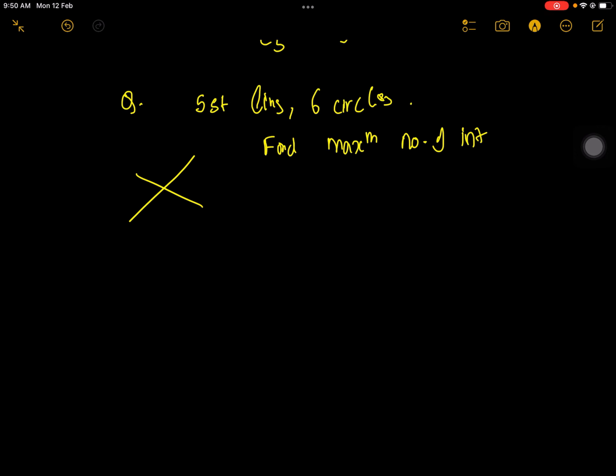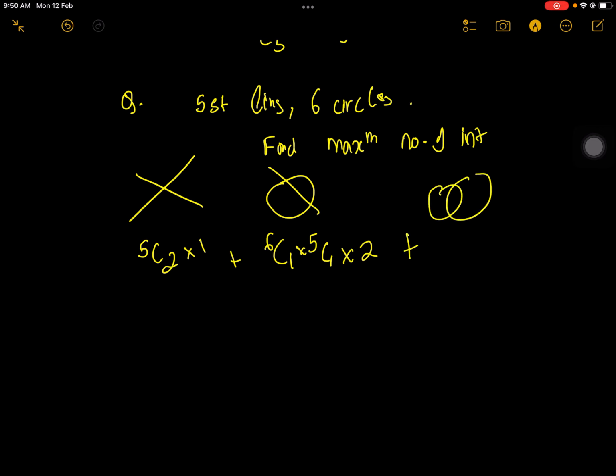For lines, from 5 you choose 2, and you get 1 point where they intersect. Then for a circle and a line, you can choose 1 circle and 1 straight line, and you get 2 points from that. Now for 2 circles, you can just choose 6C2 into 2. That's your answer.